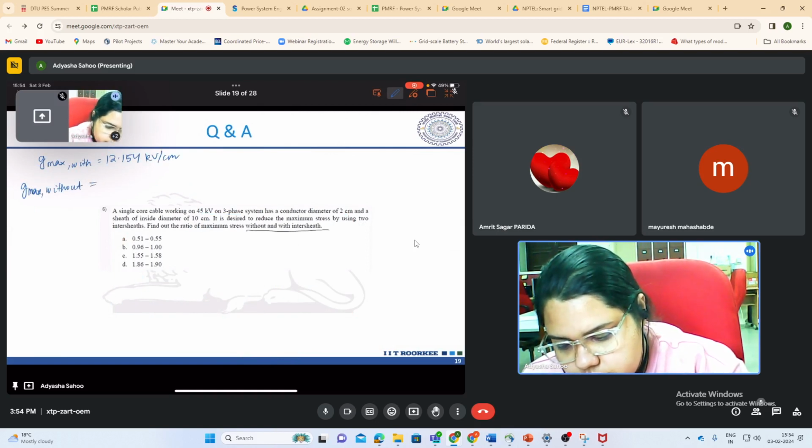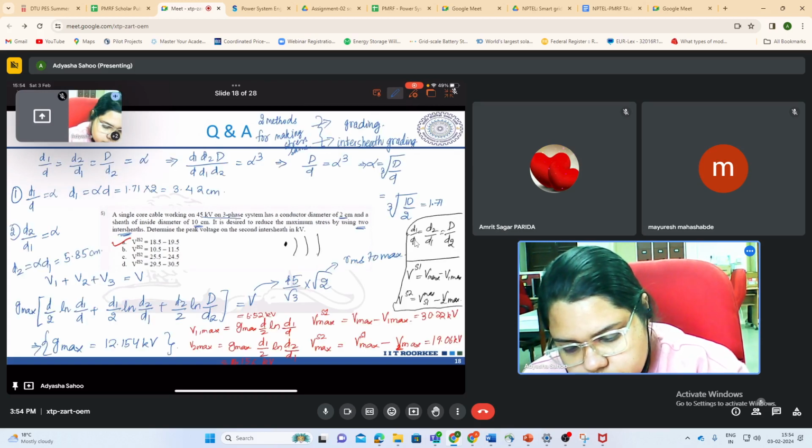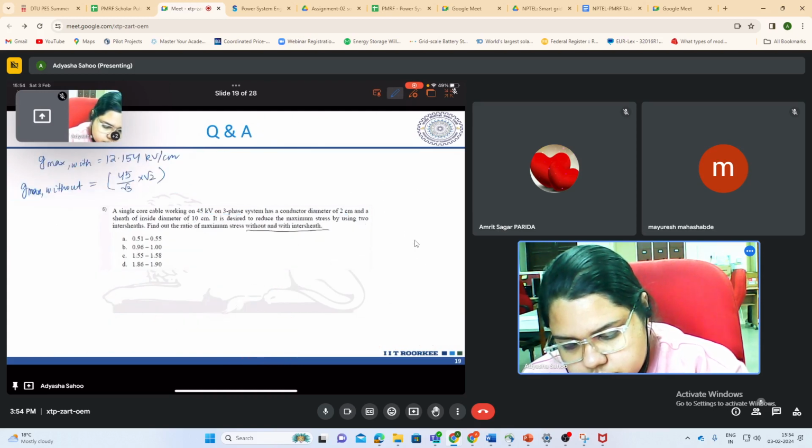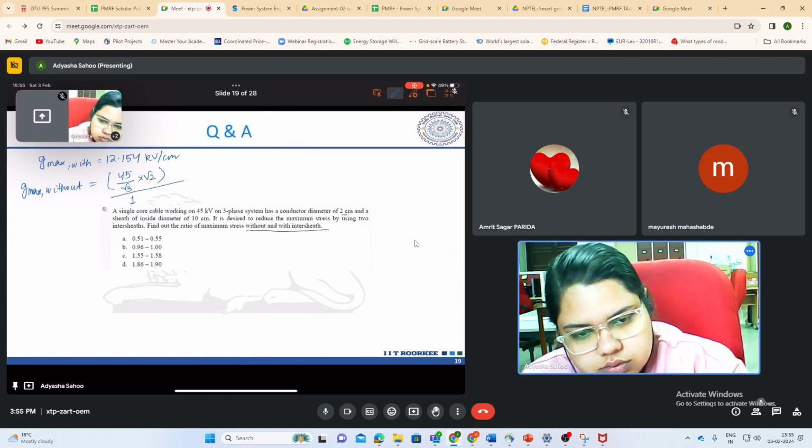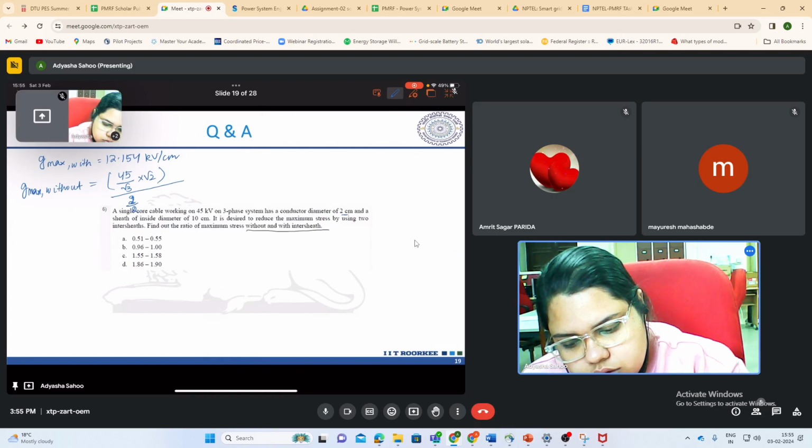So what is G? G is V, 45 root 3 into root 2, then R, 2 by 2 basically, R into ln 5 by 1, right?